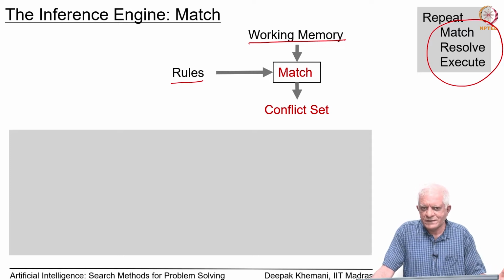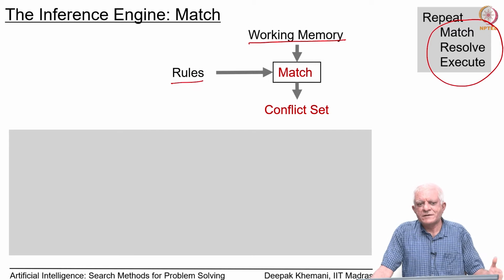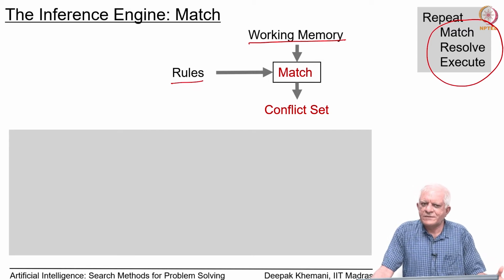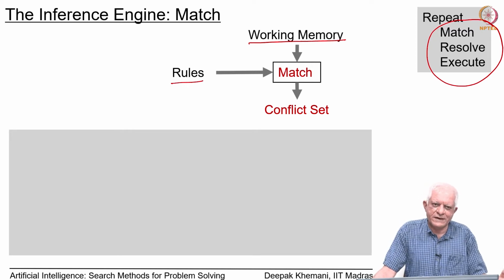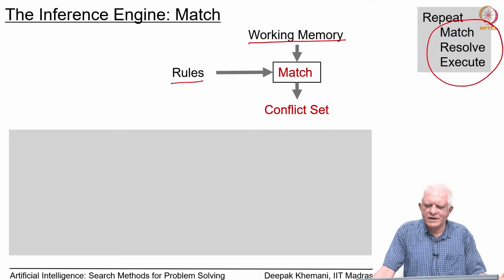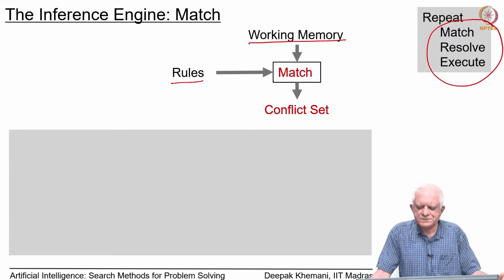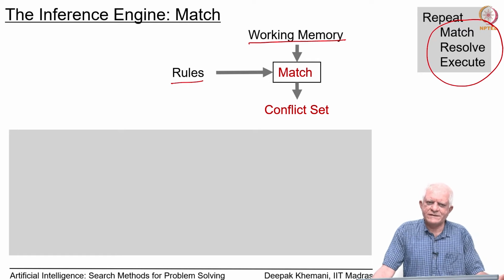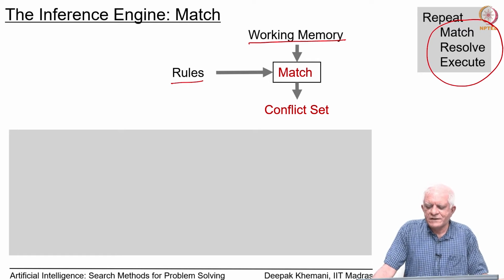It has no built in termination criteria. The termination criteria comes from some rule which has looked at the working memory and decided that the problem has been solved and it is time to stop and give the solution out. The inference engine itself is an infinite loop which does this match, resolve and execute.